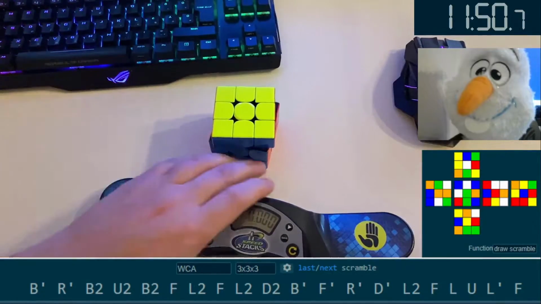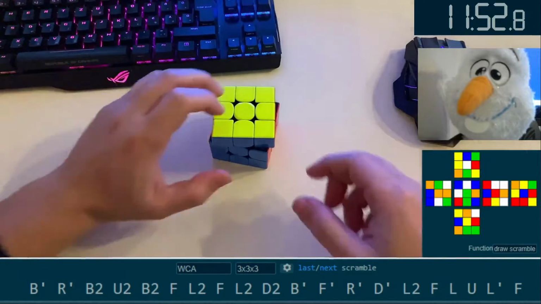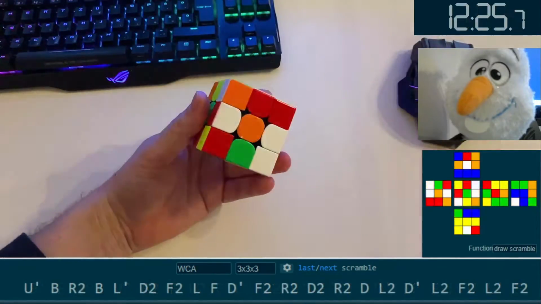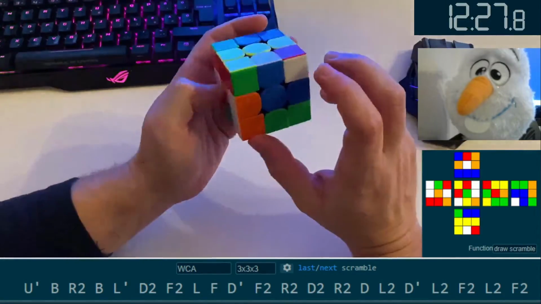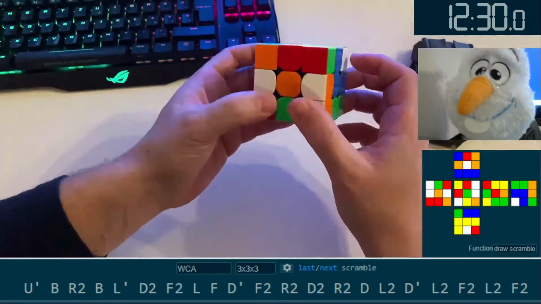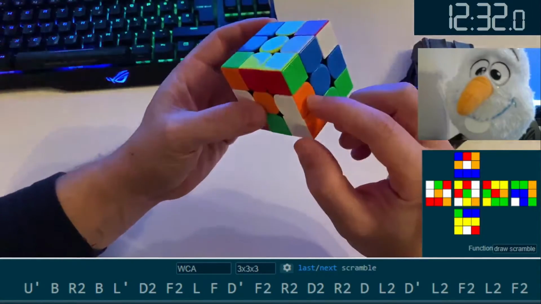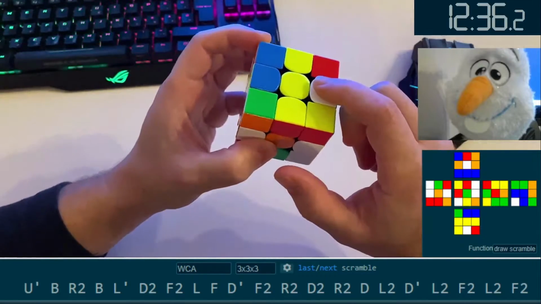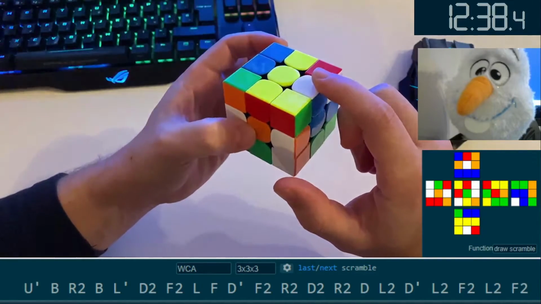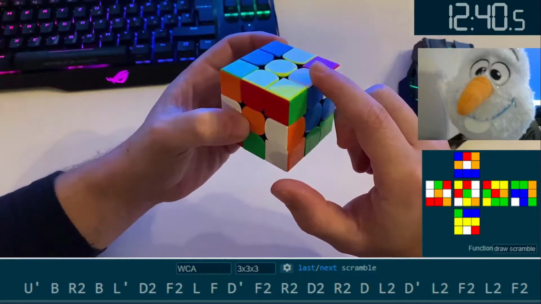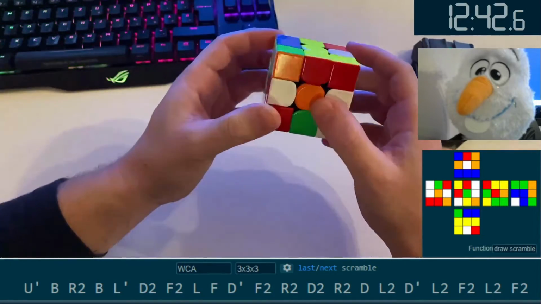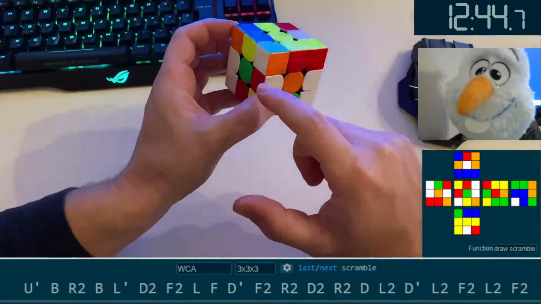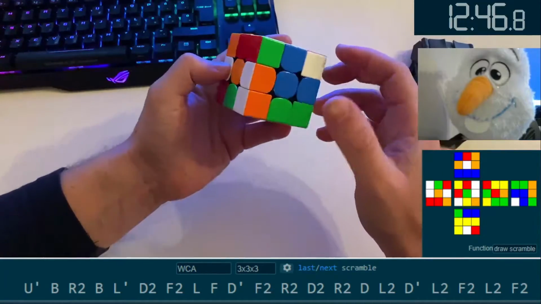'23. Enough of this. So red, orange, good to go, and then blue. The only question here is green.